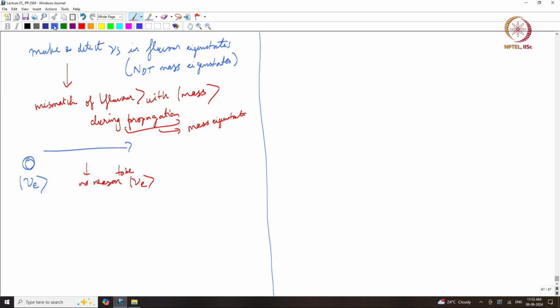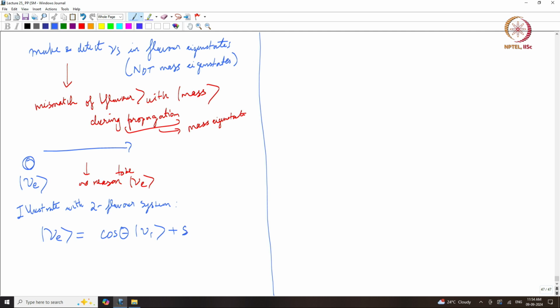So, I am going to illustrate this with a 2 flavor system, let us just call it that. Imagine I do not have the tau neutrino. So, let us take the electron flavor eigenstate to be composed of, I am just breaking down the PMNS matrix to a 2 cross 2 matrix, that is what I have done here.